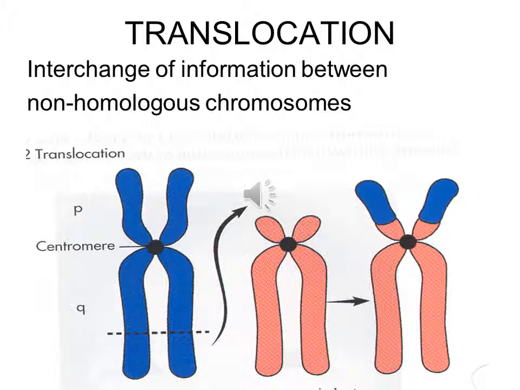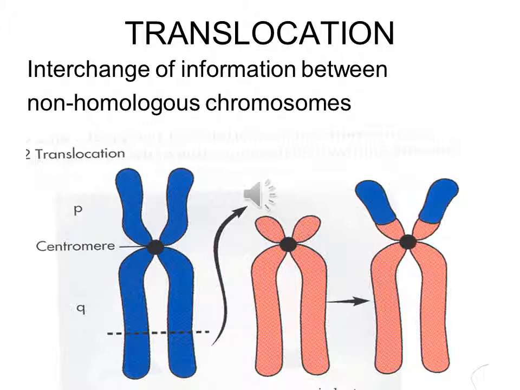When this happens, the person is usually normal since there is still a normal amount of genetic material. However, the gametes may or may not show duplications of genetic material or deletions of genetic material. Translocation will introduce genetic variety. It may cause abnormality in children, or it may not. Depends on how much material is exchanged.